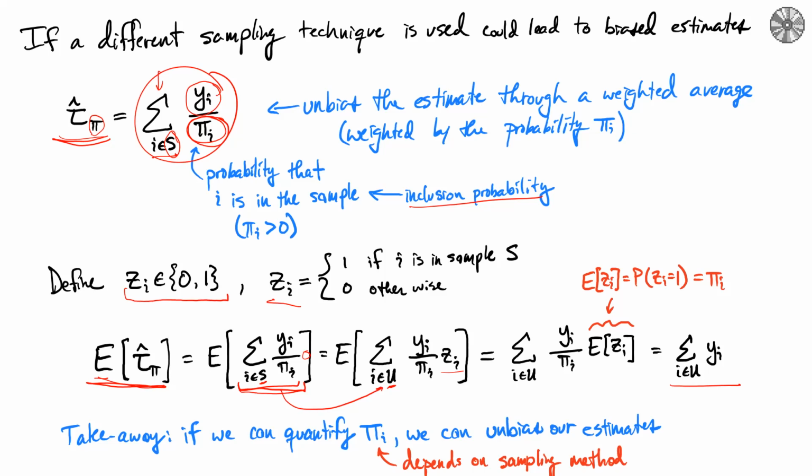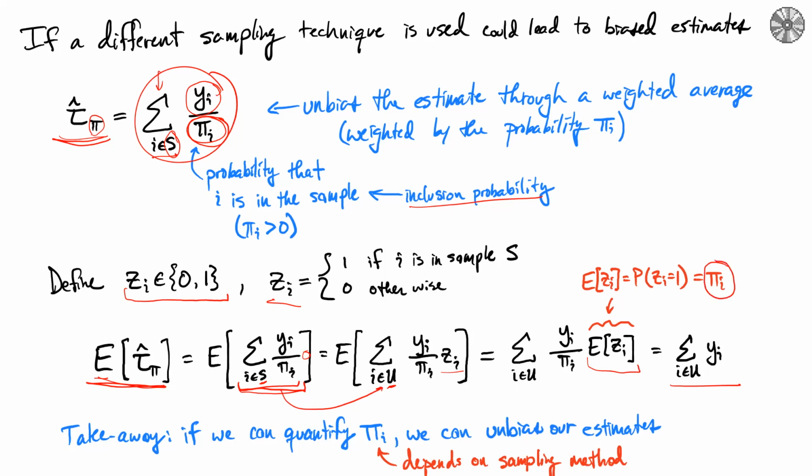And now we can take this expectation into the sum. yi is just the values of yi in the population, and pi i is the inclusion probability. So the only random variable is this zi, and the expected value of zi is essentially the probability that zi is equal to 1, and that's pi i.